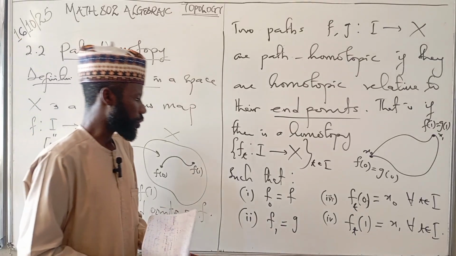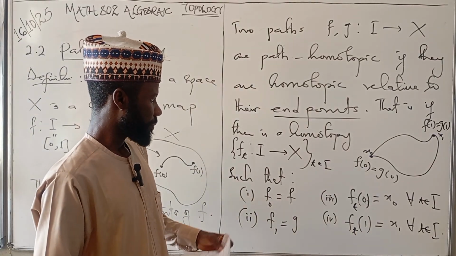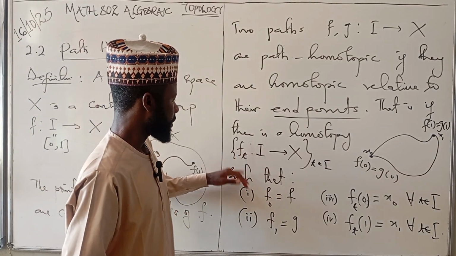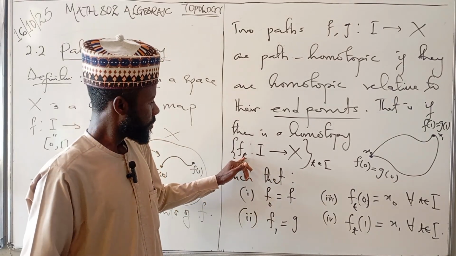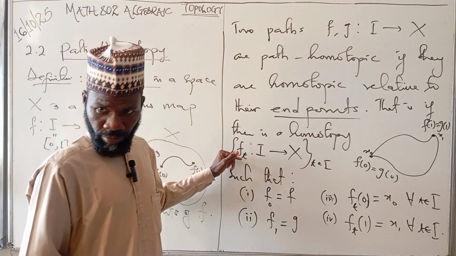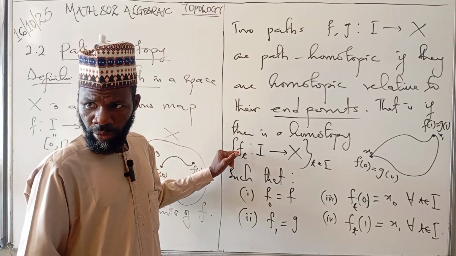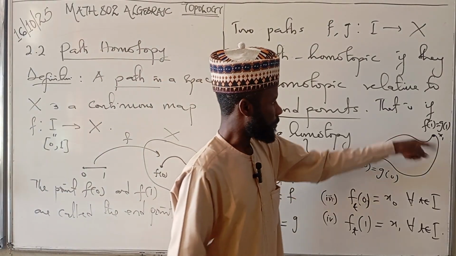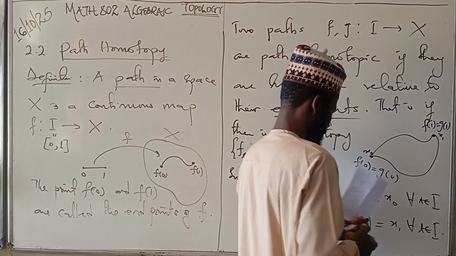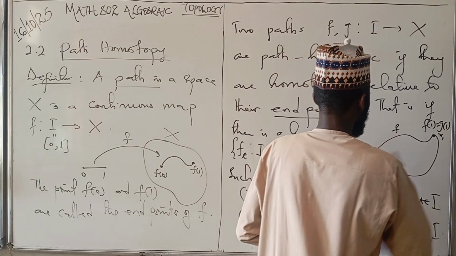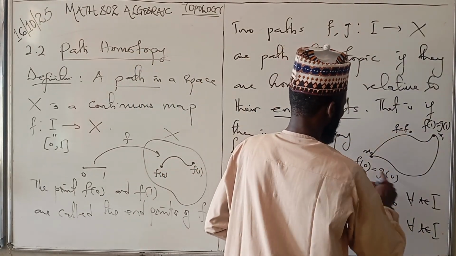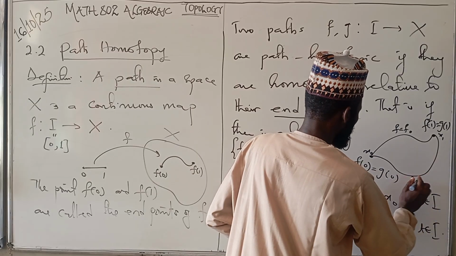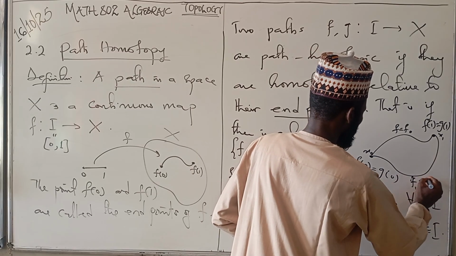So throughout the homotopy, at time t equal to 0, the first member of the family should be the mapping F. That should be F0. And then the last member should be the map G. So F1 should be G.